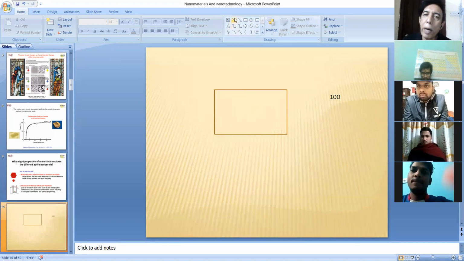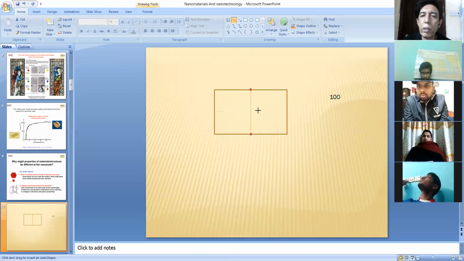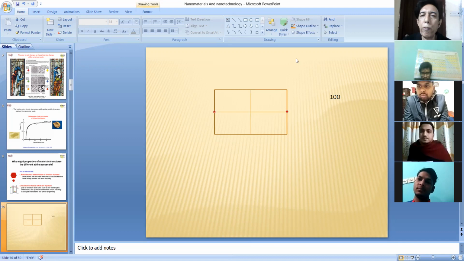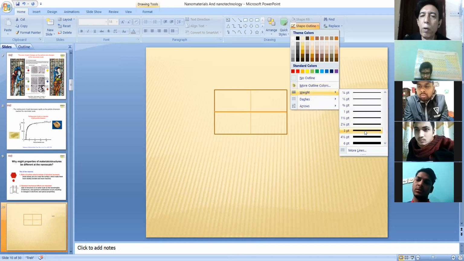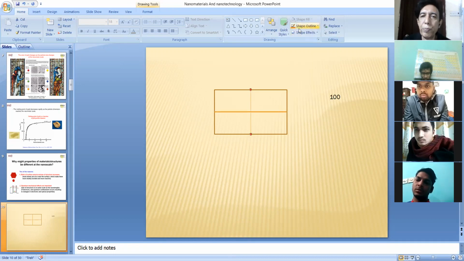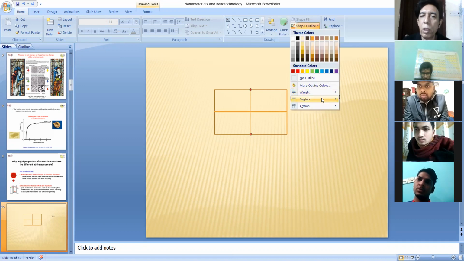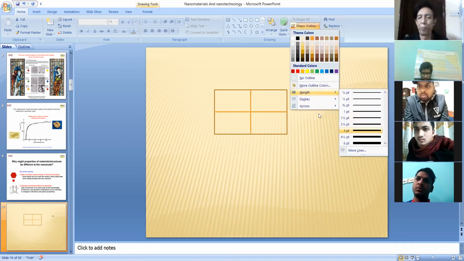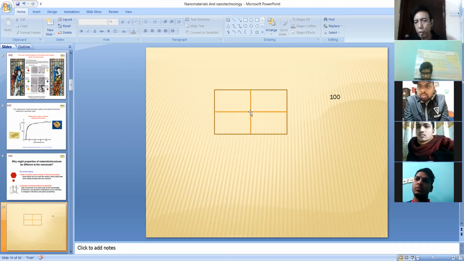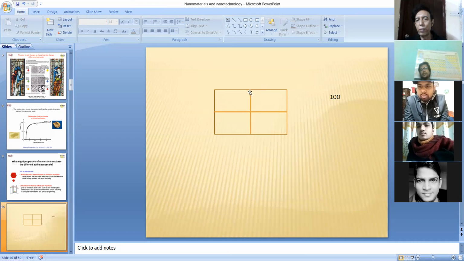Now, if you divide this, say for example, into four portions, what will you see? You see that you are getting a surface here, here, here, and here.